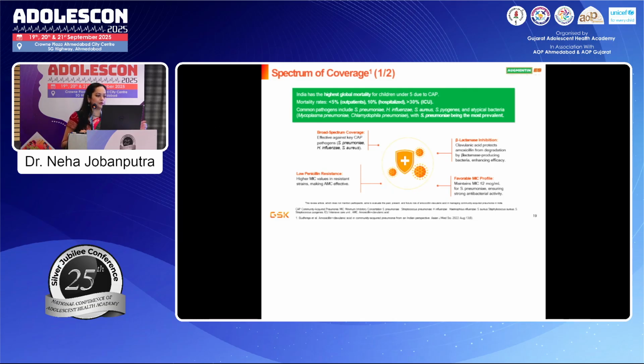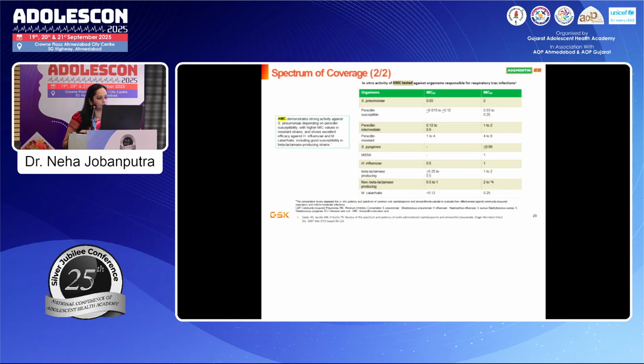We usually look for something which gives us broad-spectrum coverage, low penicillin resistance, the ability to fight beta-lactamase, and a favorable MIC profile. For all of this, when we check amoxicillin clavulanic acid, we get a good MIC for Strep pneumoniae. It is also giving us penicillin susceptibility, and against H. influenzae, beta-lactamase producing and non-beta-lactamase producing.